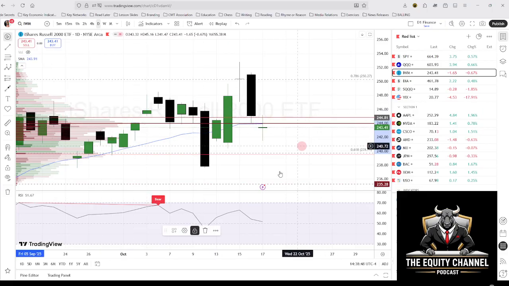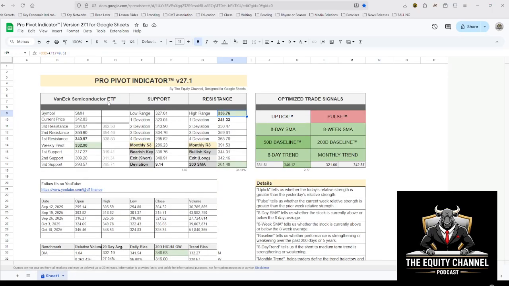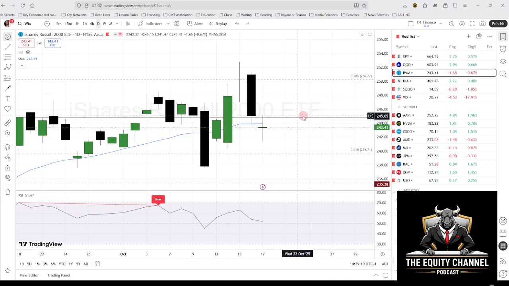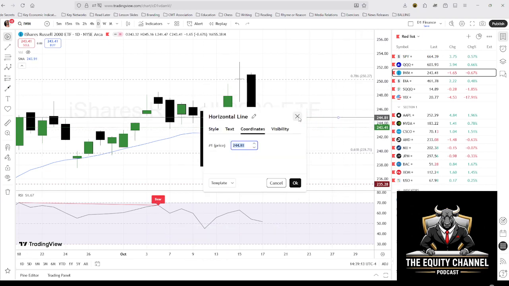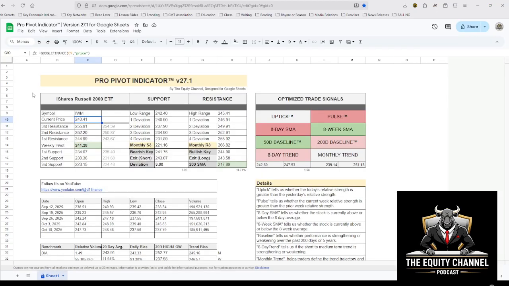Let me just move some of this stuff out of the way here. We don't need these right now. So I'm going to put the range for IWM on my chart. We have 245.41 on the high end, right there, and 242.40 on the low end.